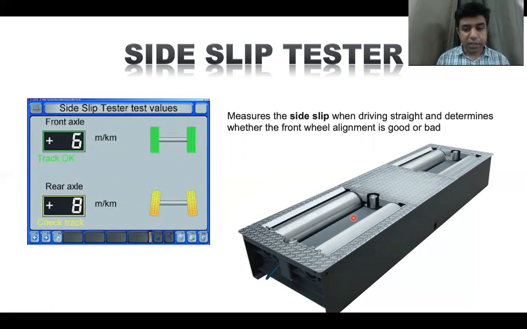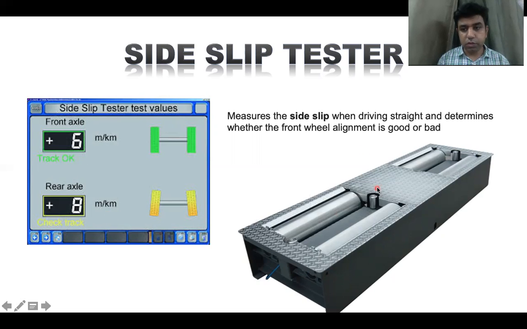or right. The deviation of the wheel will be transmitted to this particular plate area, and that displacement of the plate will be recorded, and it will be indicated in terms of meters per kilometer. For example, in the front axle the deviation is seen as 6 meters per kilometer, whereas in the case of the rear axle it is seen as 8 meters per kilometer.